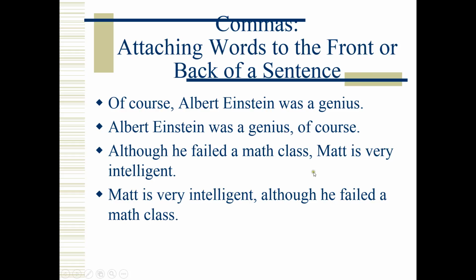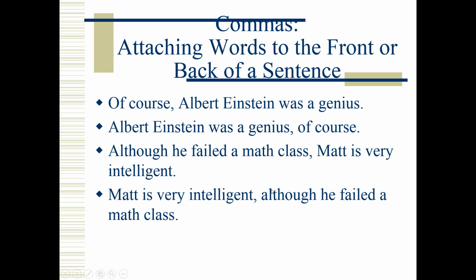Here we have our independent clause as Matt is very intelligent. That's our independent clause in both of these two sentences here. Notice that in either case, the although part is divided by a comma, because although he failed the math class, whether we state that at the beginning of a sentence or the end, is a dependent clause.